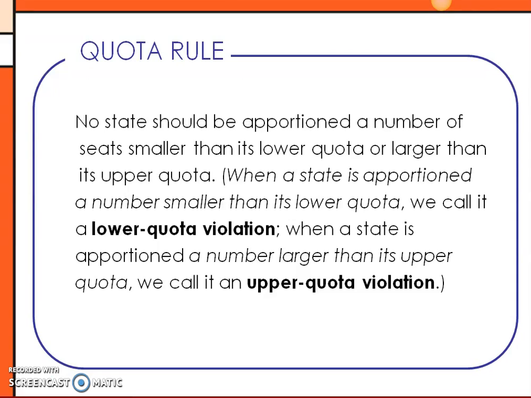So whatever you're doing, if you get 32.92, they could round down to 32 or up to 33, but you shouldn't do a method that gives them a completely different number than that. And so you notice here, we round everybody down, they might get one more seat. It doesn't give you a value that's lower than your lower rounding down amount or higher than your upper rounding up amount.